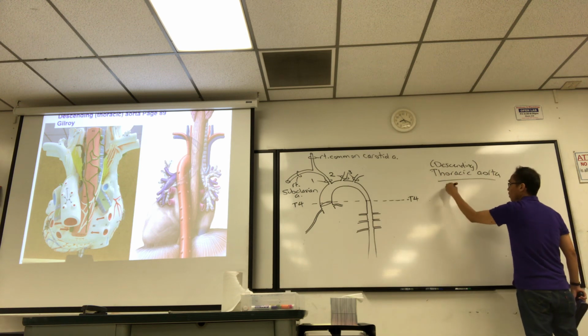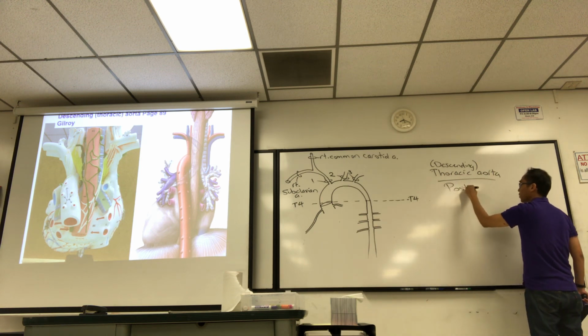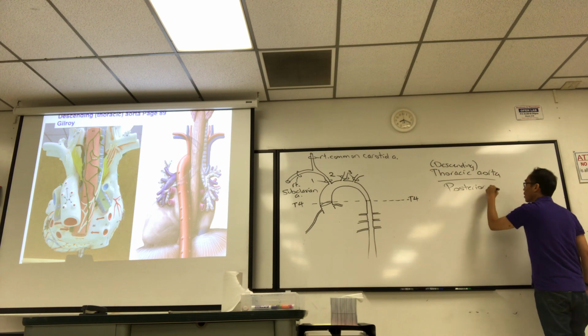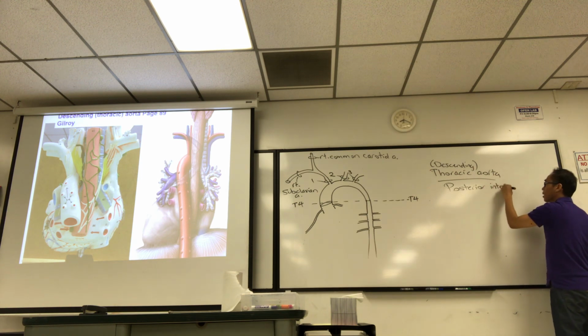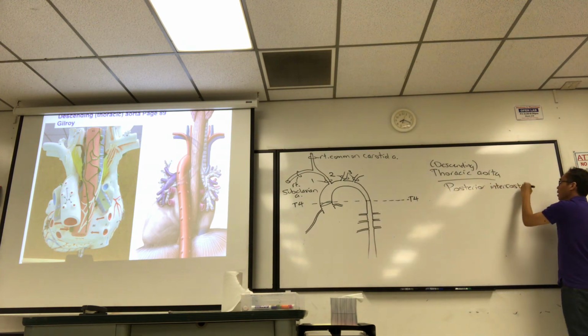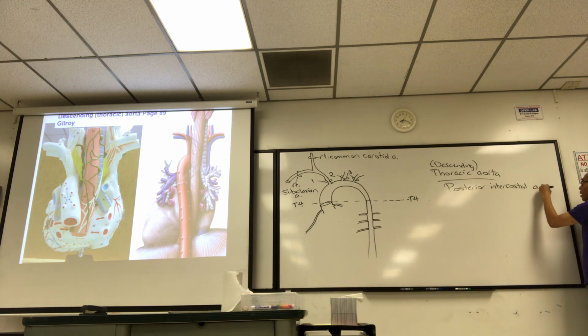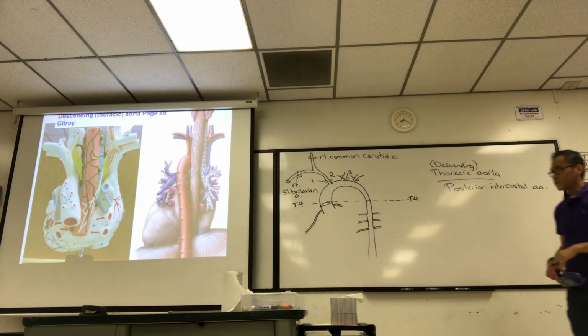There are other branches too, but just know the posterior intercostal arteries. There should be 12 pairs of those.